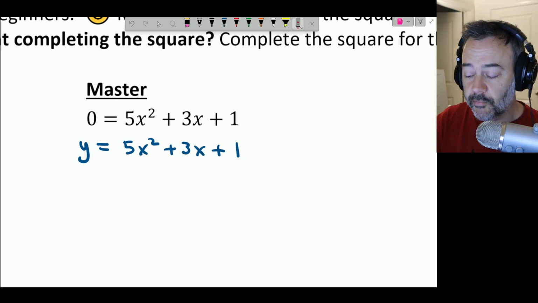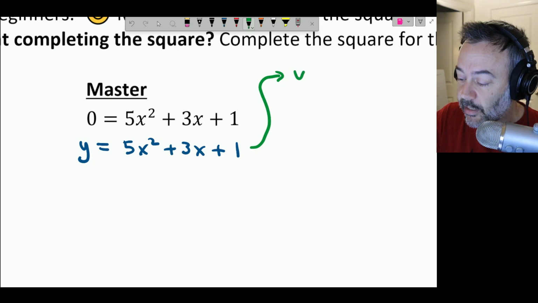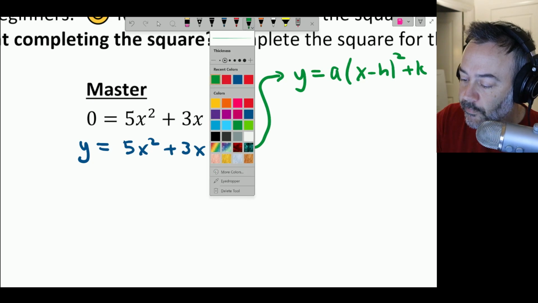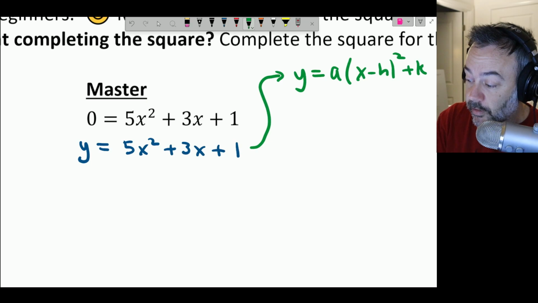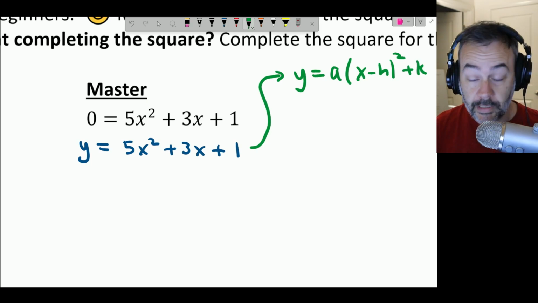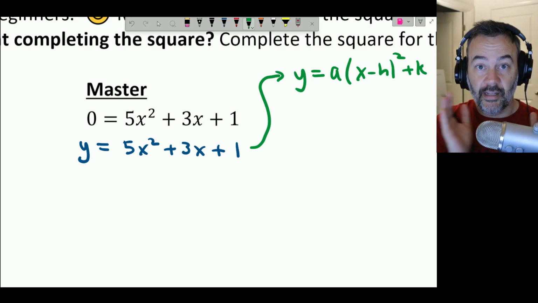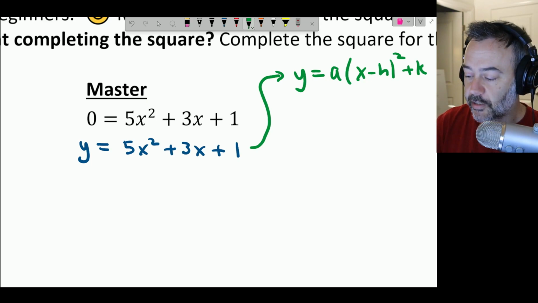And we're going to complete the square to begin by rewriting this in the form y equals a(x minus h) squared plus k. You may have seen this in the past, where we translate quadratic graphs left, right, up, down, and reflect, stretch and compress them.